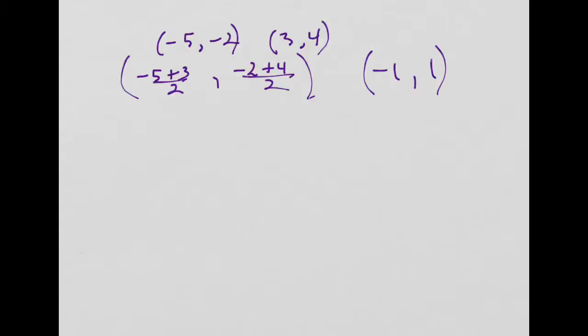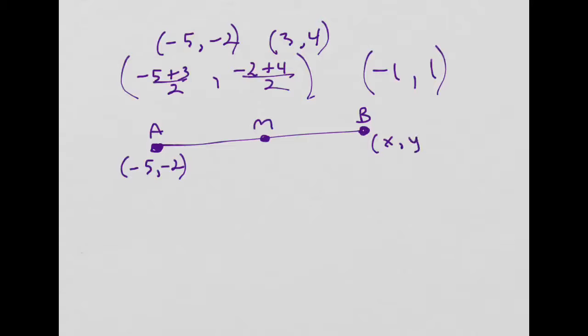Now sometimes what you've got is, let's say I'm given my A and my M. So for instance, let's say I've got -5, -2, and let's say I've got unknowns here. I don't know what B is, and I've got -1, 1.